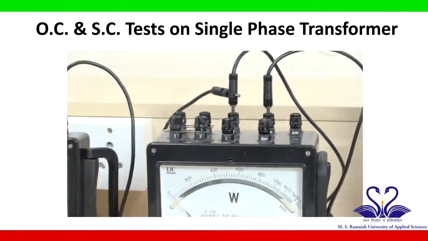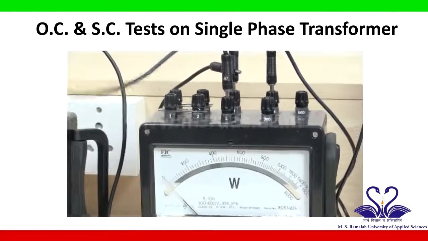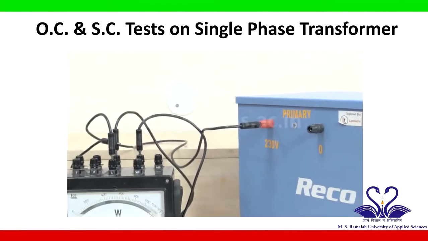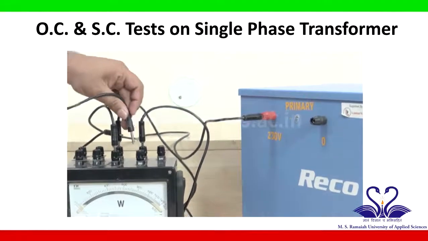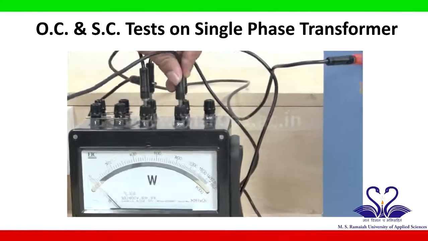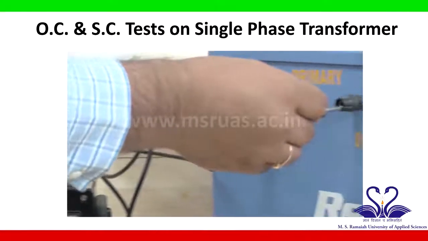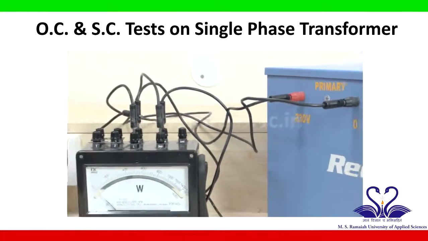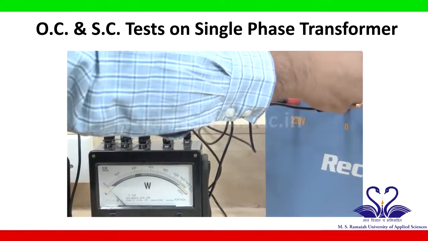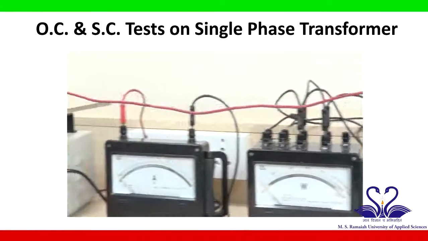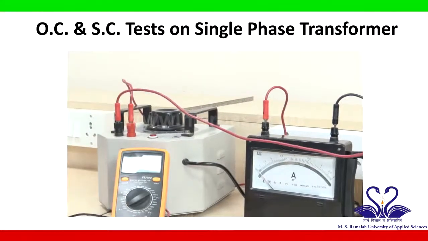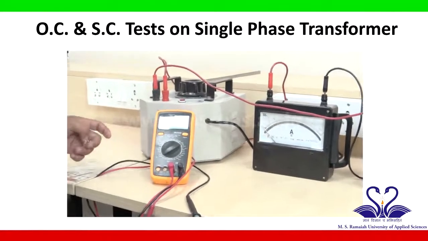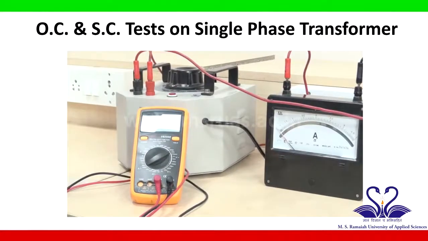From L of the wattmeter, it is connected to the 230 terminal of the transformer. The V terminal, that is the 300 terminal of the wattmeter, is connected to the 0 terminal of the transformer. From the same position, it is connected to the neutral of the auto transformer. The voltmeter connection is taken by the multimeter, which will be connected across the supply while conducting the experiment.